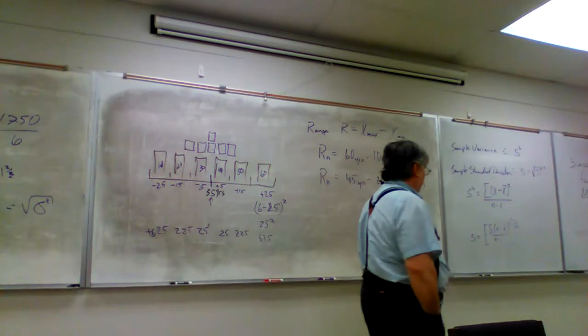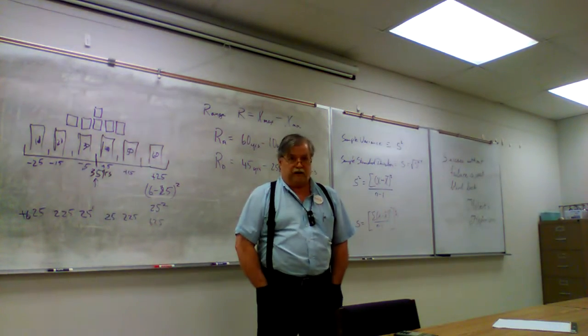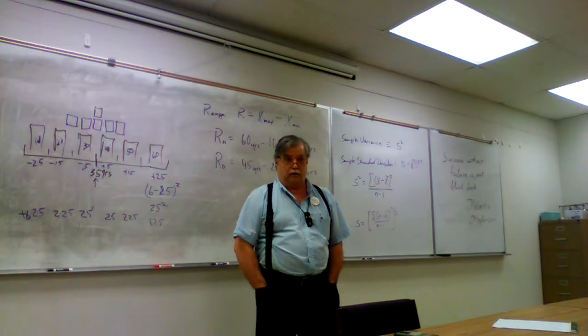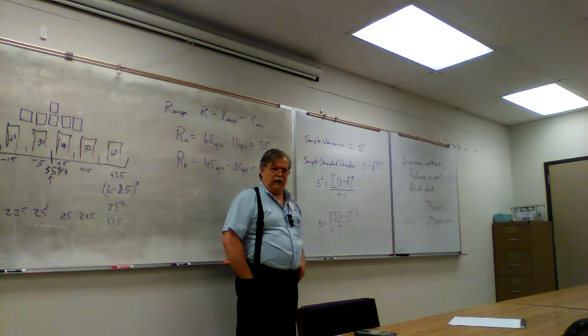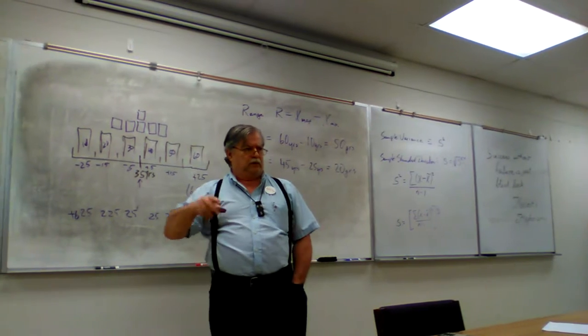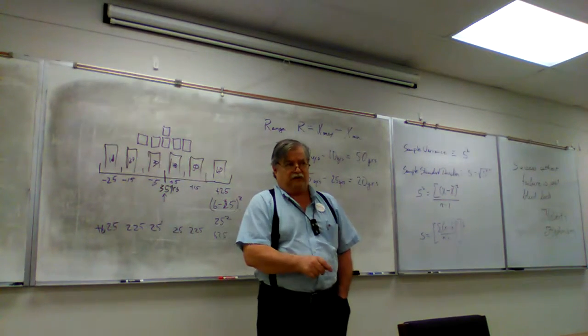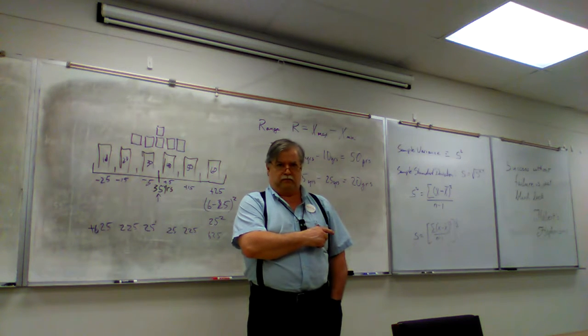The population standard deviation will always be a little bit bigger than the sample standard deviation. Now, why would that be? Why wouldn't it be just as likely to be a little bit less than the sample standard deviation?